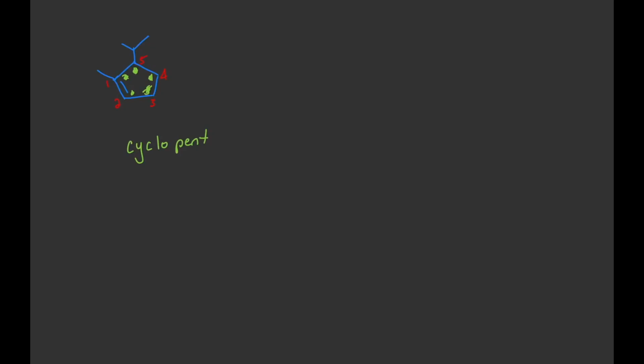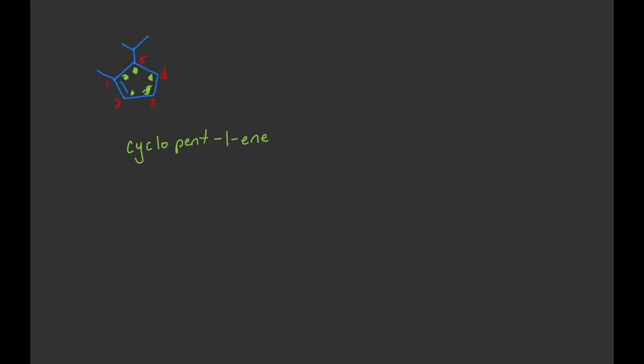Now for this one, it's obvious that the alkene starts on carbon 1. This can be assumed without the number. However, following the correct IUPAC method of naming, we do still have to put in that it is at position 1. So cyclopent-1-ene to show that the alkene is at carbon 1 in the ring.